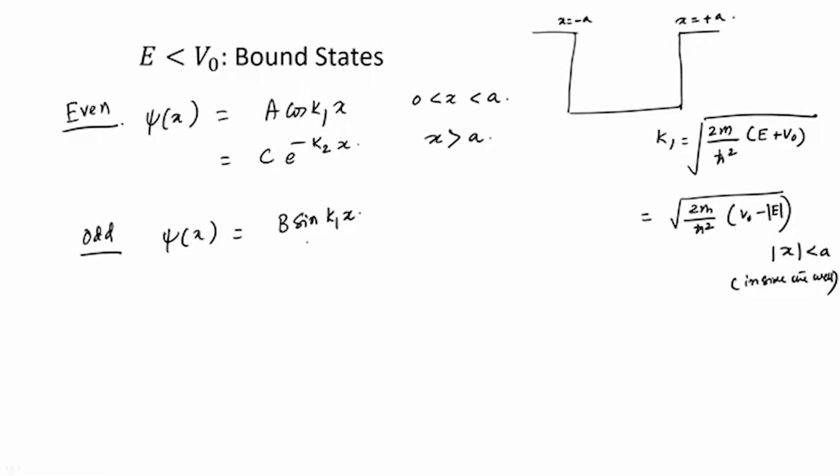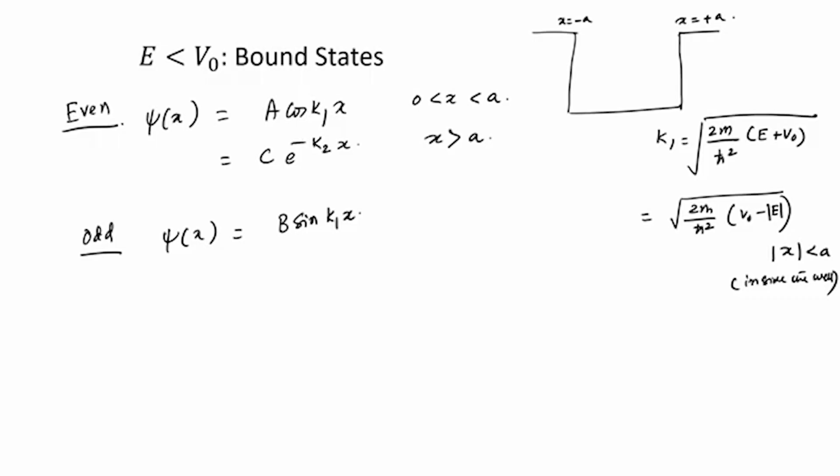So, it is in that sense that we talk about even and odd, whereas sine changes. Of course, if you change x to minus x in the second solution with the c exponential minus k 2 x, that will become plus k 2 x, which is not a physically acceptable solution. So, our even and odd notion is based on the harmonic solutions, which are either cosine or sine.